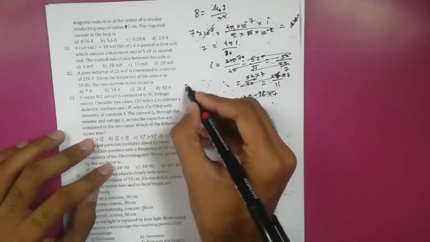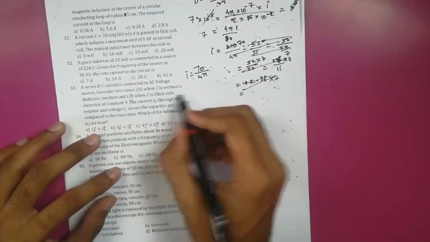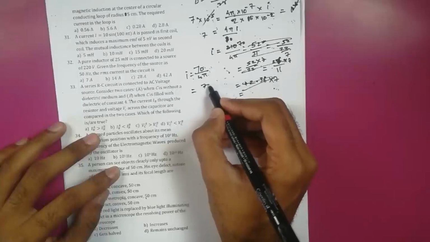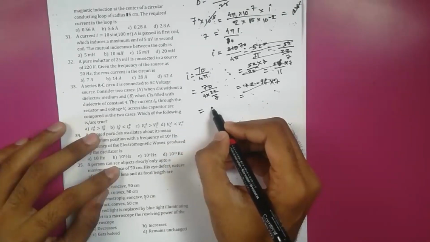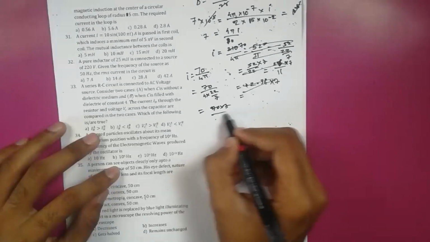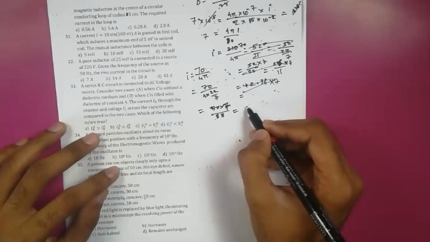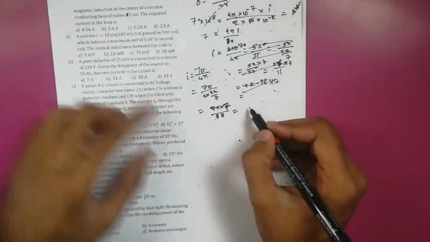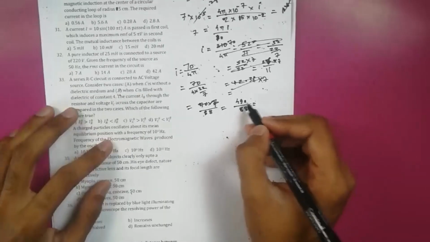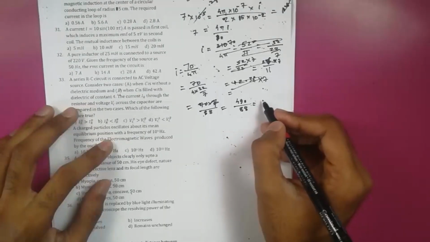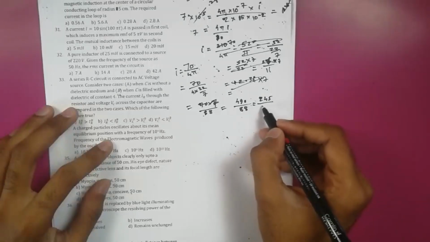So I equals 70 upon 4 pi, which will give you 70 upon 4 into 22 upon 7, 70 into 7 upon 88, which you cancel out, and you can find out that it comes out to be somewhere around 245 and 44.